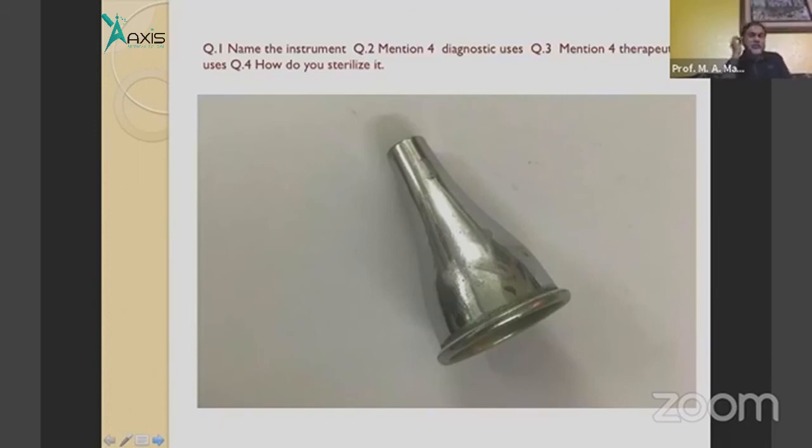Diagnostic means, again, to see. Actually we cannot see the external auditory canal, the outer cartilaginous part, with this, because we engage this instrument on that part. So we usually see the deeper part.